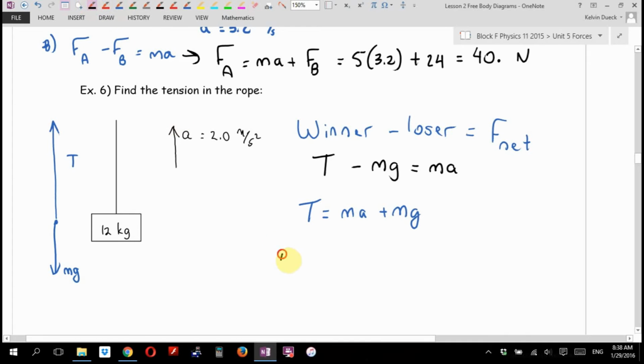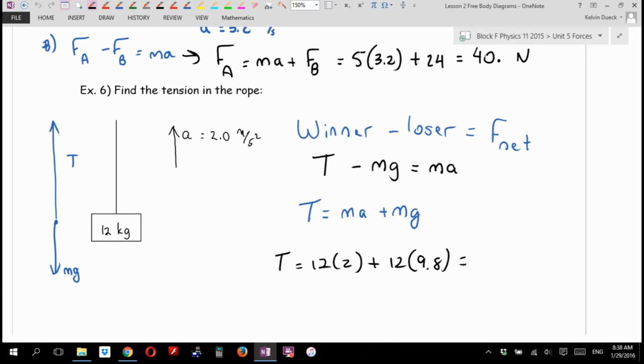The tension is going to be 12 times 2, was it 12? Yeah. Plus 12 times 9.8, which is what? Oh, I might be able to do that in my head. It's going to be 12 times 11.8. 12 times 11 is 121. 12 times 0.8 is going to be 131.6. No, I'm off.